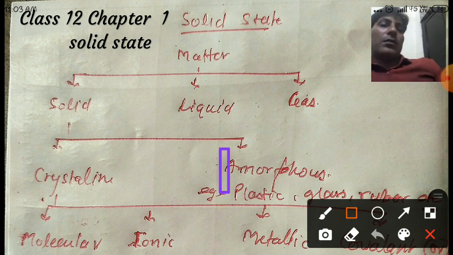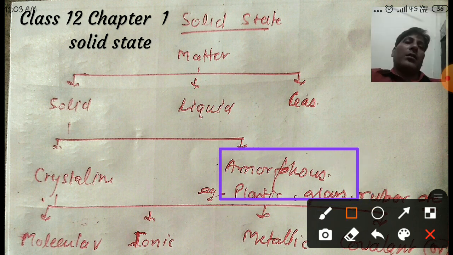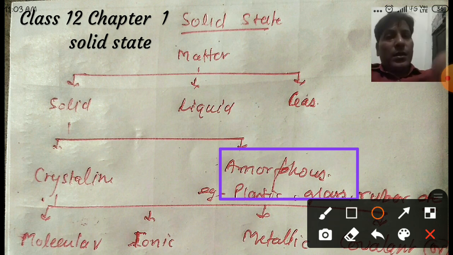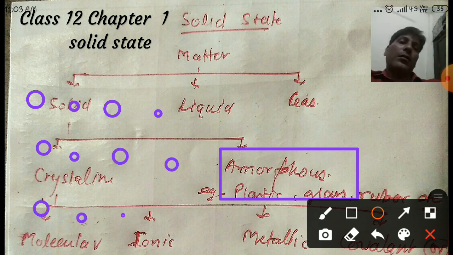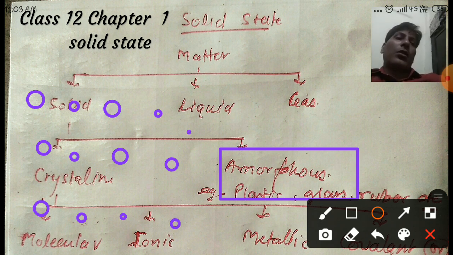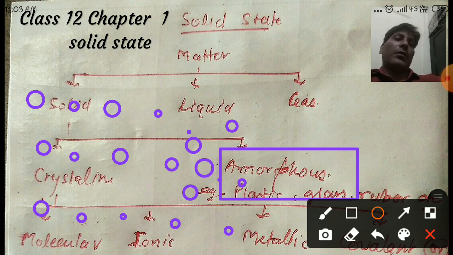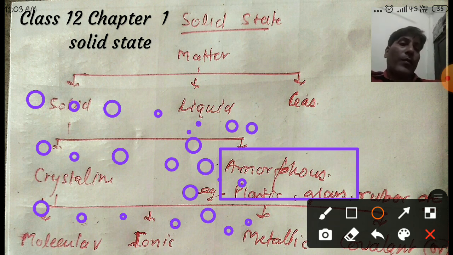The crystalline solid has a regular arrangement of its constituents for a long range, but the amorphous solid has it for a short range, and it varies after some distance.